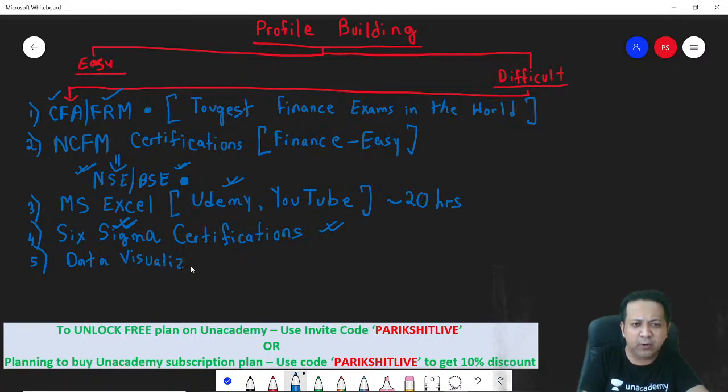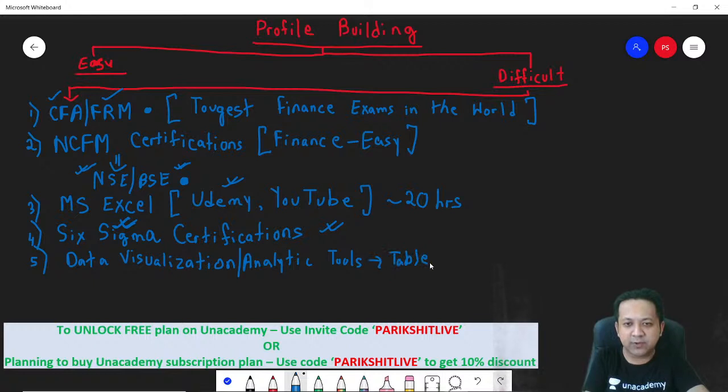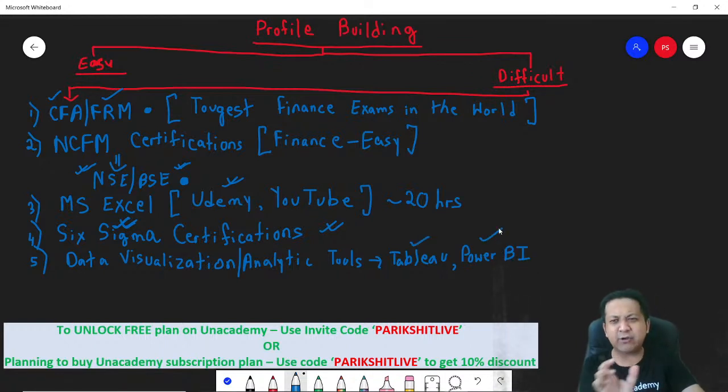Next will be data visualization tools. I don't know how many of you know it, but data is the most important thing in today's world. Data visualization and analytics tools. Examples of such tools could be Tableau and Power BI. Google them. These are drag and drop features.